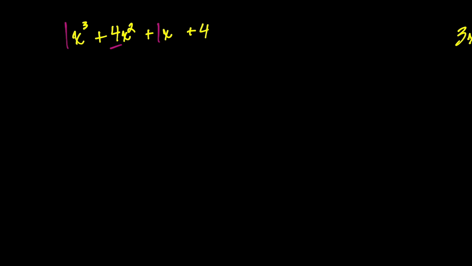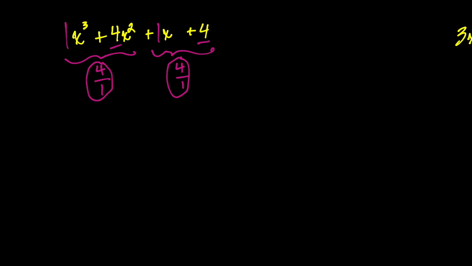So I have a 1 and a 4 here. So let's see, looking at this first one, 4 divided by 1, second one, 4 divided by 1. So when these numbers are the same, that means it lends itself to being factored using grouping.